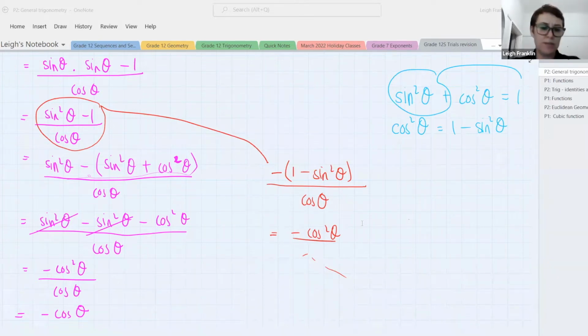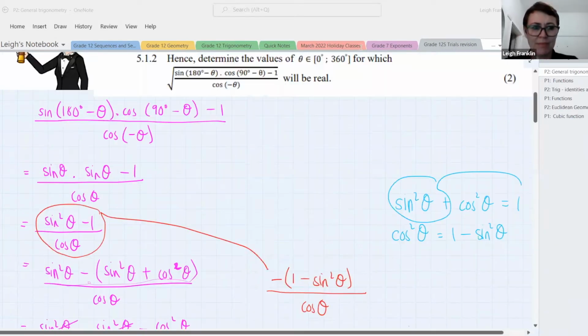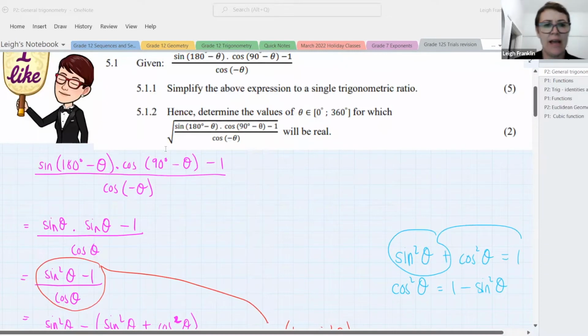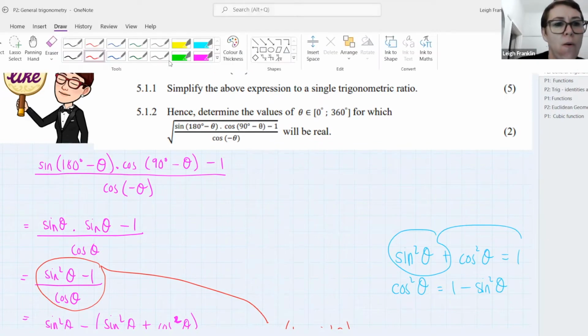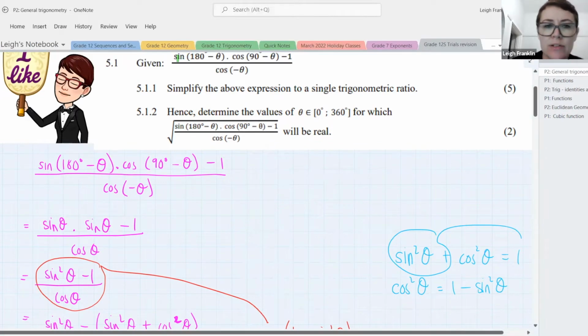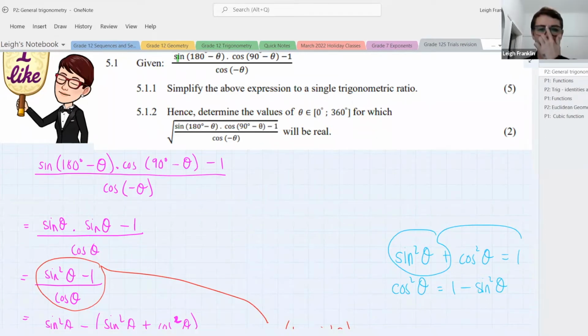Now that we've reduced that successfully to a single trigonometric ratio, in other words, minus cos theta, the next thing that they want us to answer is they say, hence determine the values of theta for which this will be real. Hence means using our previous answer.